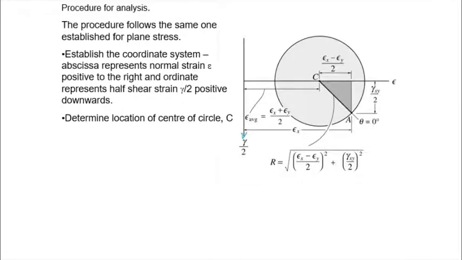And positive shear strain is downwards in the graph. So first we determine the center of the circle, and that is the location of the average normal strain.